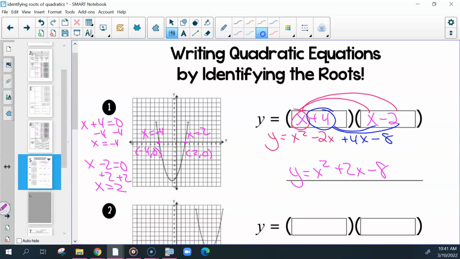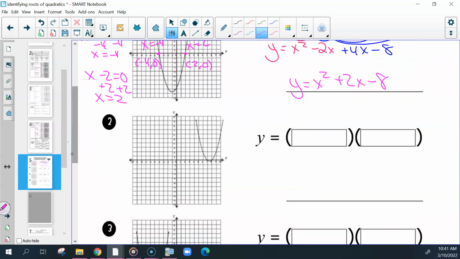Before we start number 2, do we have any questions on anything from number 1? What are your 2 solutions for number 2? It does kind of look like that, but there are 2. 8, 0 is one of them.